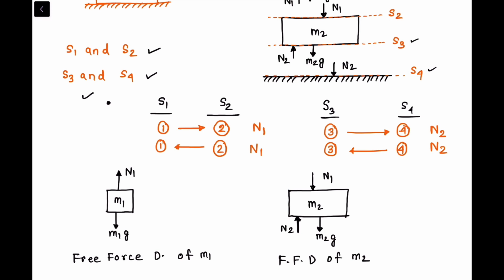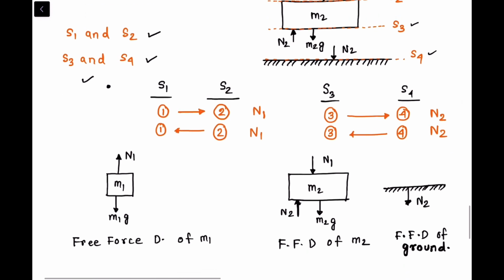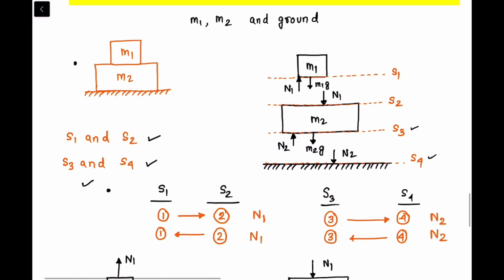And what will be the free body diagram of the ground? If this is the ground, the free body diagram of the ground will be N2 downwards. So this is the free body diagram of the ground. So we have successfully completed the free body diagrams of this figure.